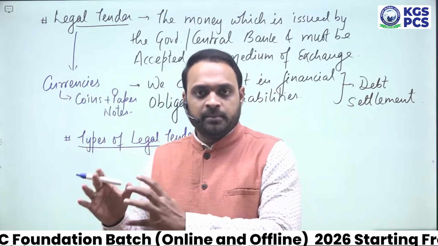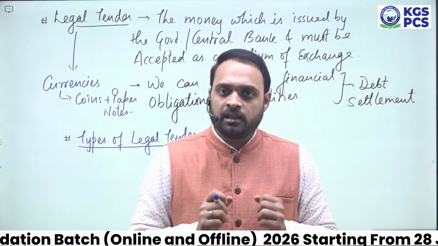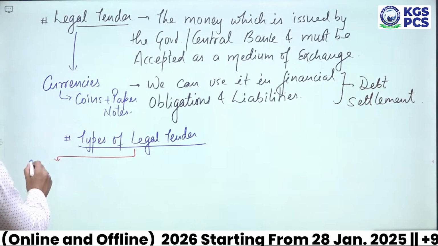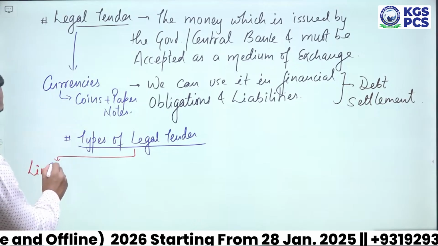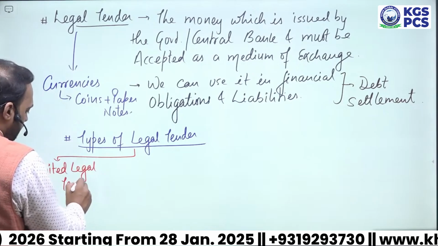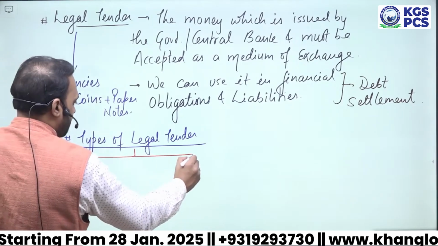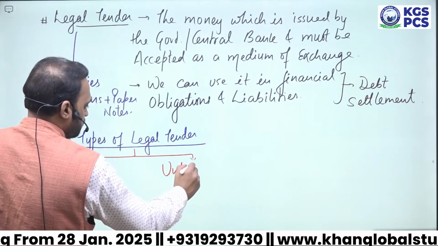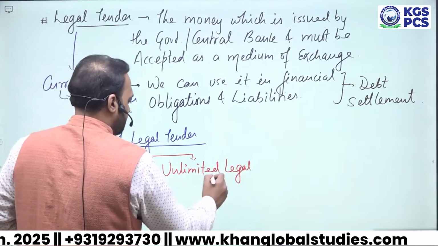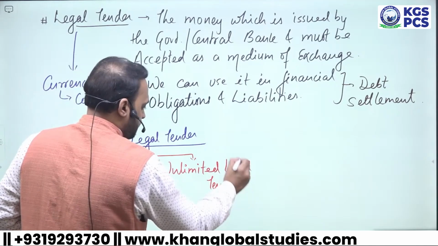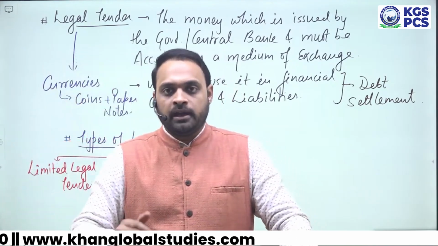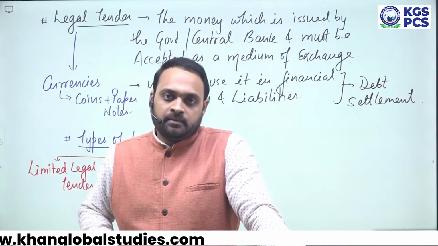One is limited legal tender and another one is unlimited legal tender. Now, what is limited legal tender and what is unlimited legal tender?